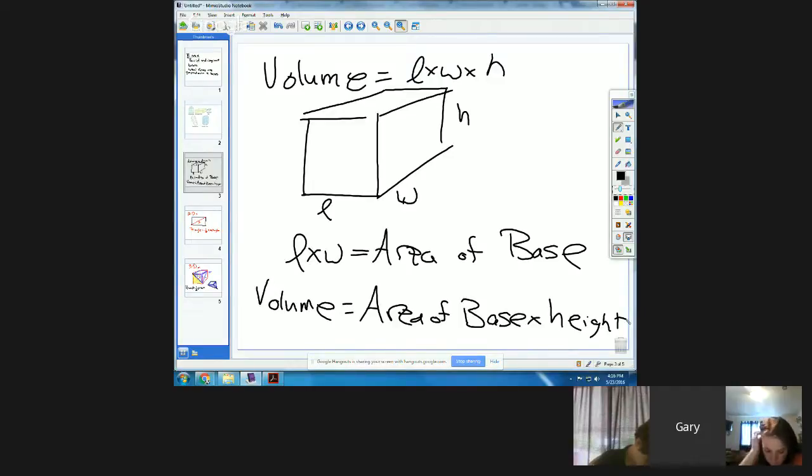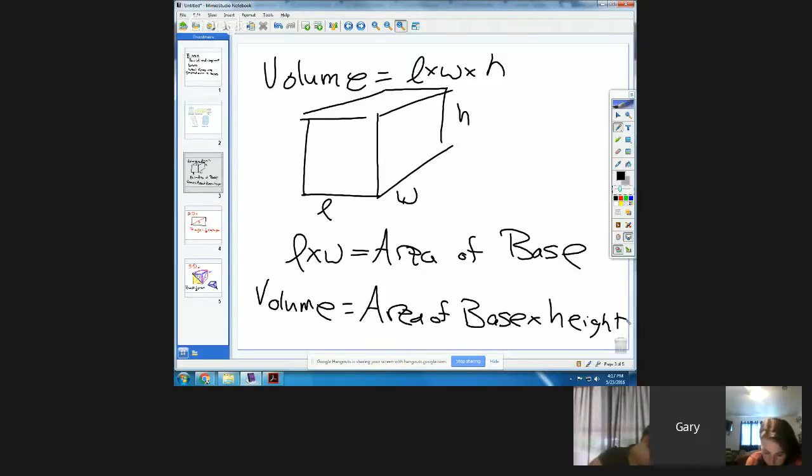If you just take that base and multiply by the height, imagine filling it with water. The top of the water is the cross section of that thing. And as it fills up, it's making volume. Like pouring water into a box. And so that's one way to think about pyramids.